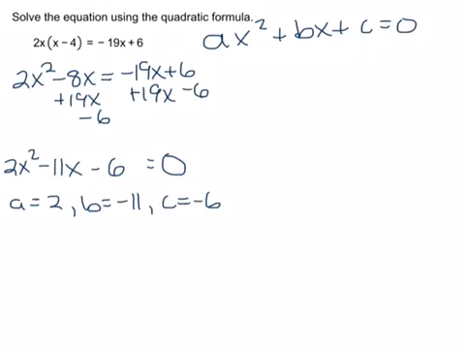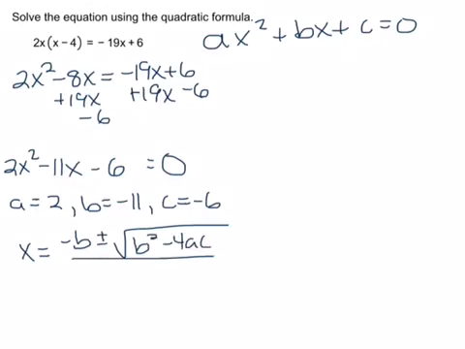And we're going to use the quadratic formula. x is equal to negative b plus or minus the square root of b squared minus 4ac all over 2a. I find this formula both terrific and infuriating because it's easy to plug the numbers in, and it's equally easy to make mistakes as you do your order of operations.